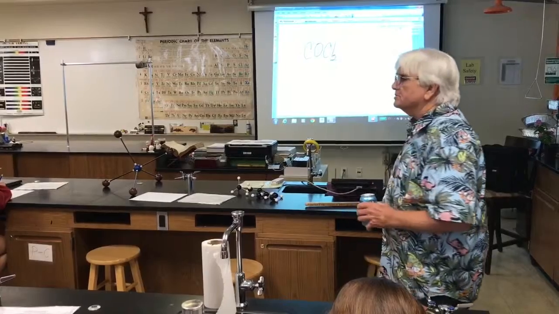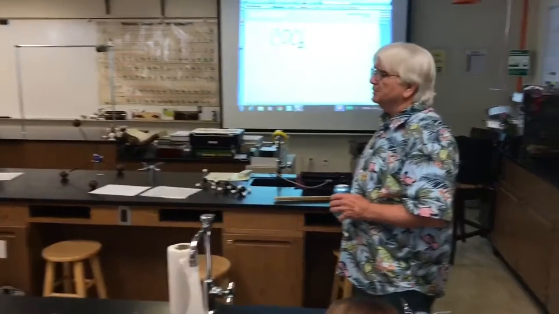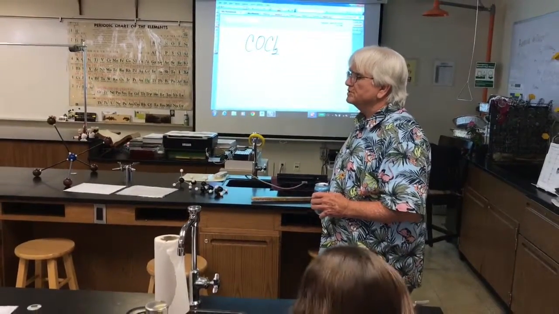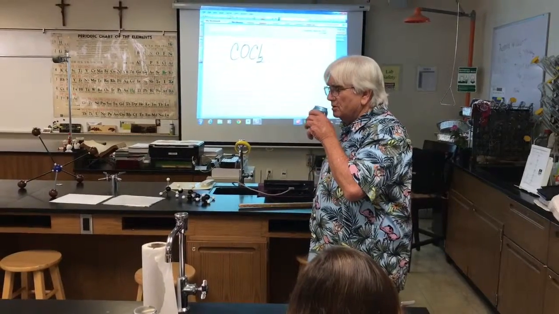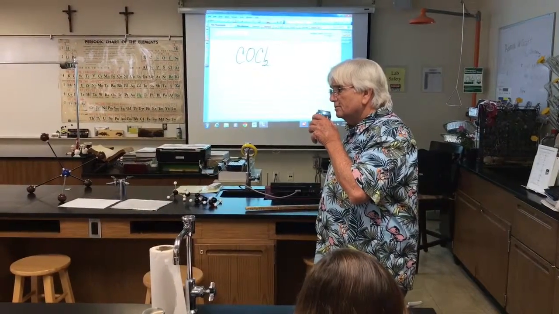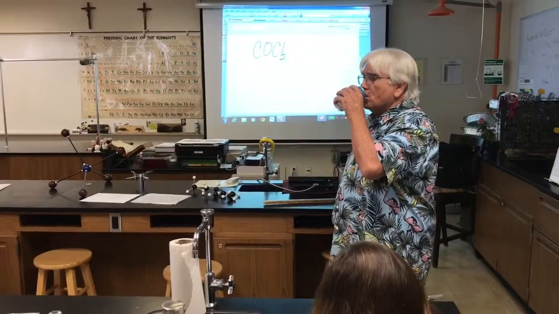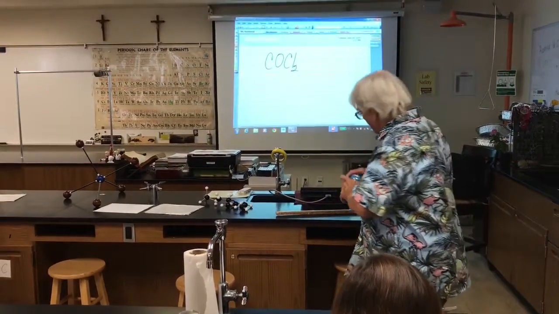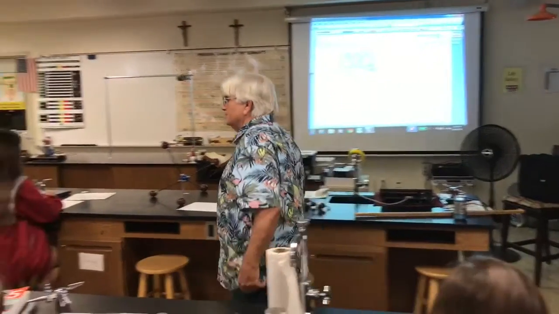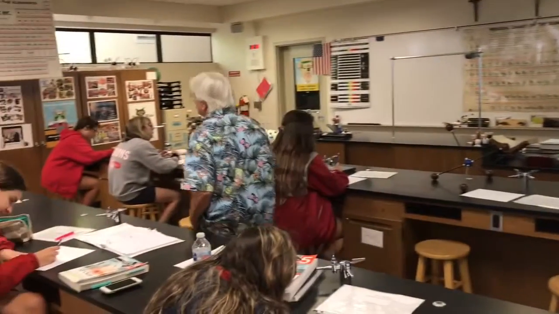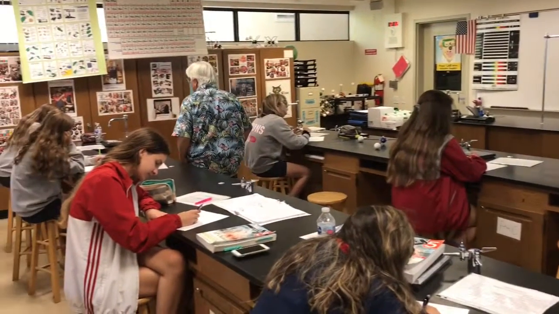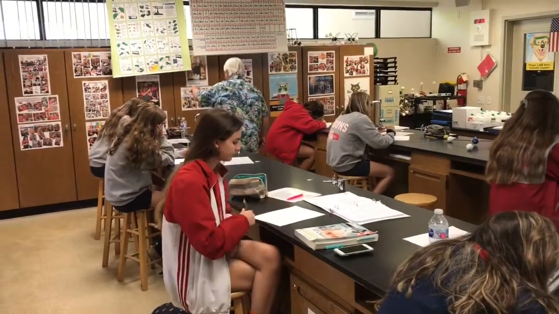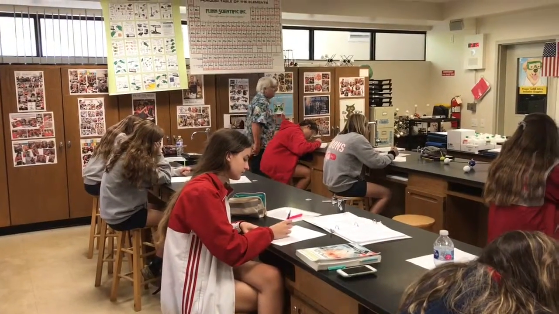Well, how many electrons does chlorine need to complete the octet around it? It's got how many valence electrons? What group's it in? Look at the group number that chlorine is in. 7A. Alright? So, it has 7 valence electrons.